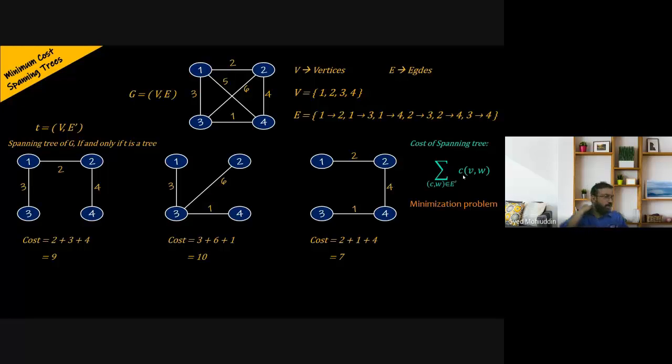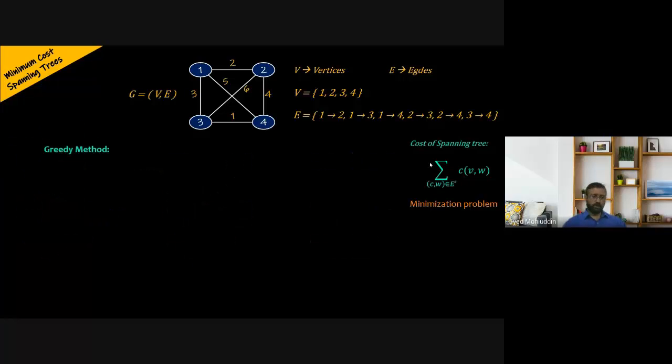The earlier problems of the greedy method, job sequencing with deadlines and the knapsack problem, were maximization problems, where we talked about how to maximize the profit earned. But in this case, it is a minimization problem: we have to find the minimum cost of the spanning tree.